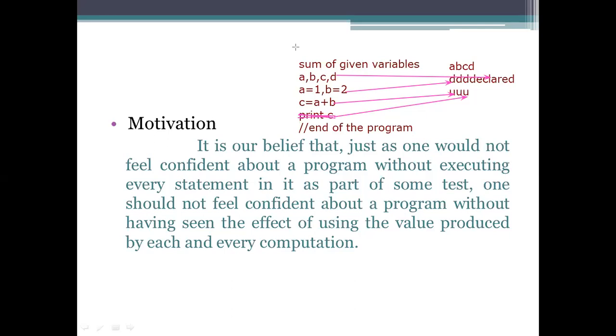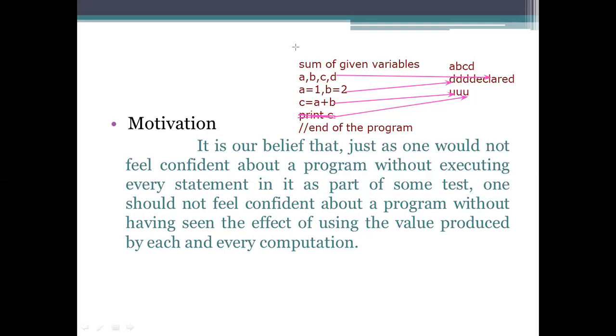So the idea here is that we need to consider a statement that includes the data variables with at least one usage. The usage we are specifying could be a computational use or a predicate use. Predicate use means it is in a control statement.